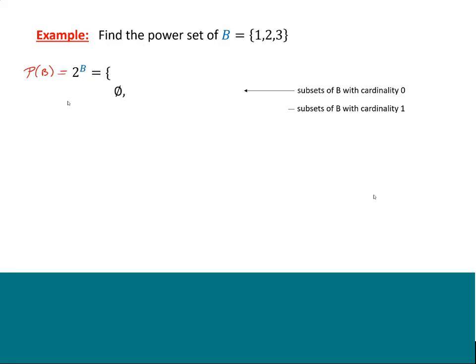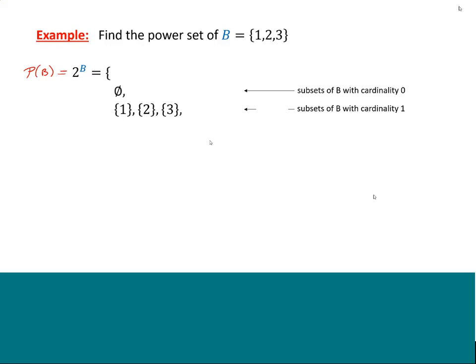In this case, any guesses what those would be? Yep, you could pick 1, you could pick 2, you could pick 3. So we would grab all 3 of them, 3 different possibilities there.